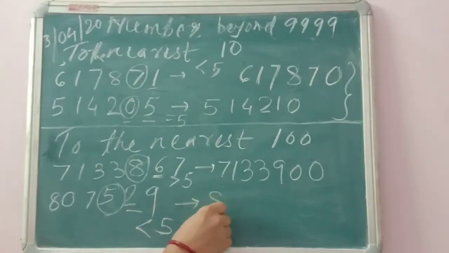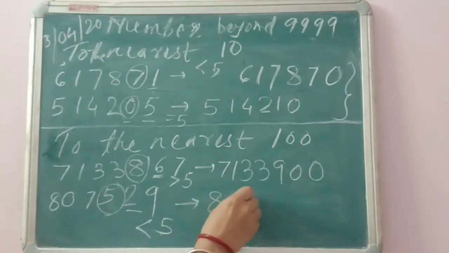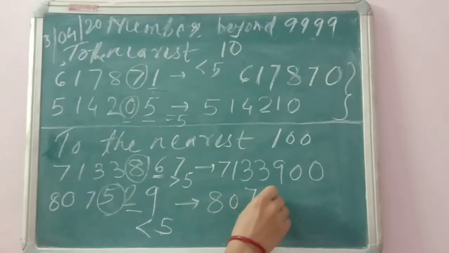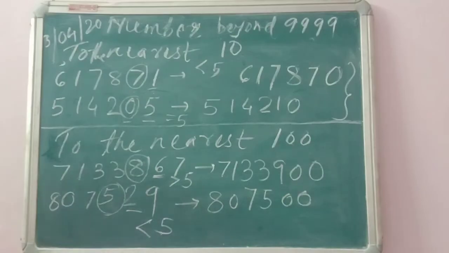So the approximate value of this number after rounding to the nearest hundred will be 80750. Okay, children.